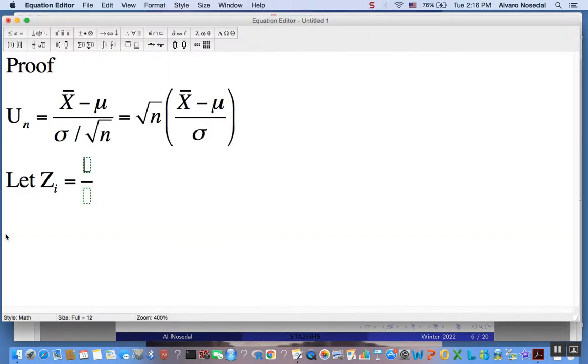If we take x minus its mean divided by its standard deviation, that clearly will have a mean of 0 and variance of 1. You could just take the expected value and see that the expected value of the Zi's we just defined is 0 and the variance is 1.